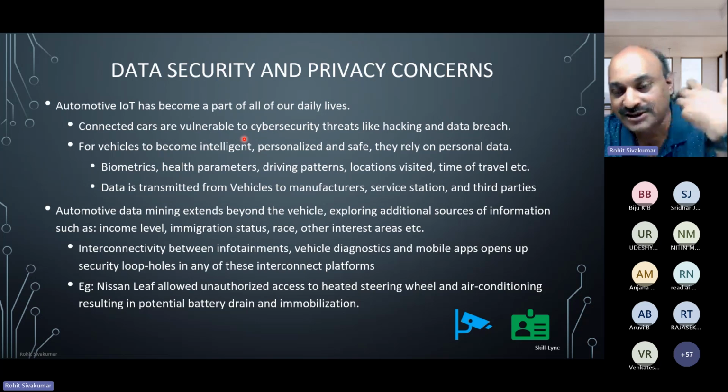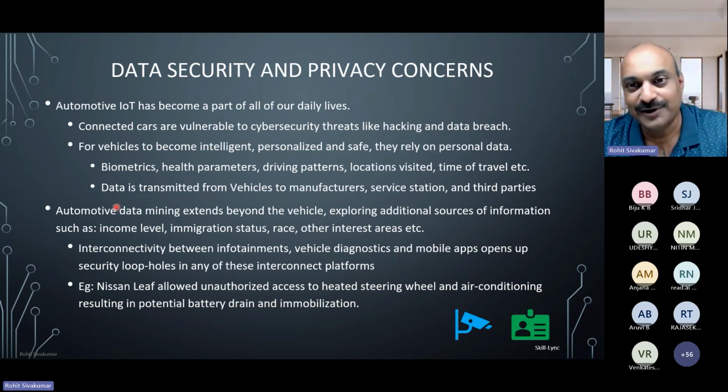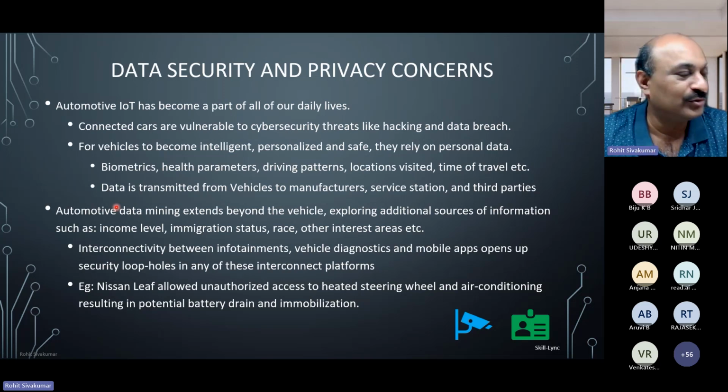They are quite enthusiastic about sharing everything. So you share your biometrics, your health parameters, your driving patterns, the locations you visit, the time of your travel. And this information is so sensitive that if it gets into the wrong hands, you can be traced, you can be kidnapped. You can imagine so many different things could go wrong when this information is not used in the right way.